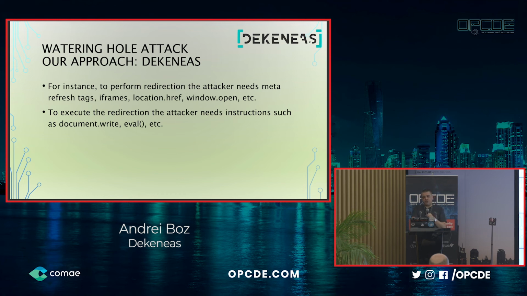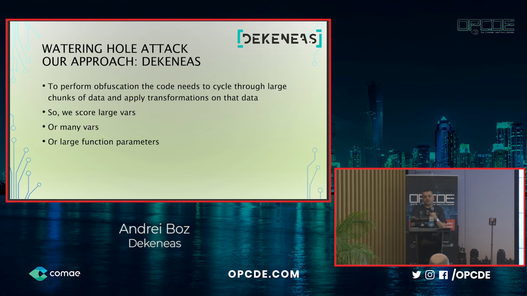To perform obfuscation, the code needs to cycle through large chunks of data and apply transformations on the data. Basically, to conceal the fact that they attack the users of a website, they need to encrypt that. To decrypt that, they need to have a very large chunk of so-called trash that would get transformed in such a way that is easily interpreted by the JIT of the certain browser, so that it totally makes sense, but it doesn't raise any suspicions.